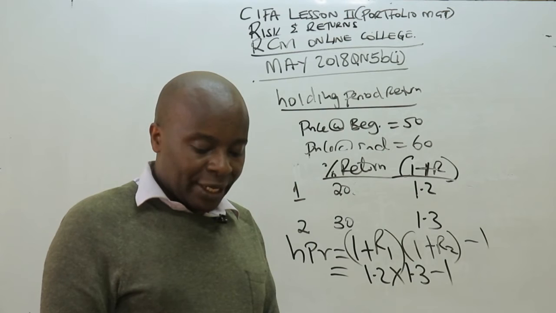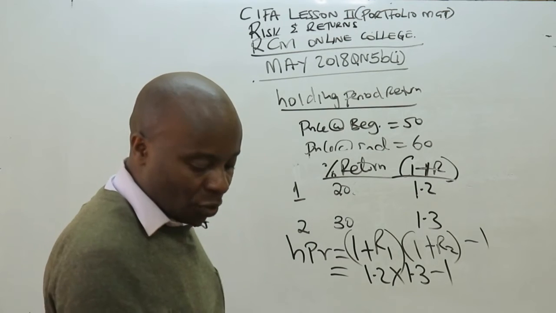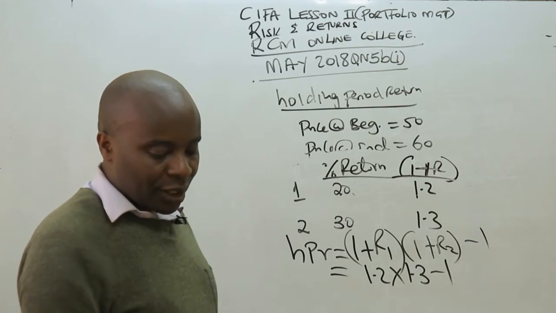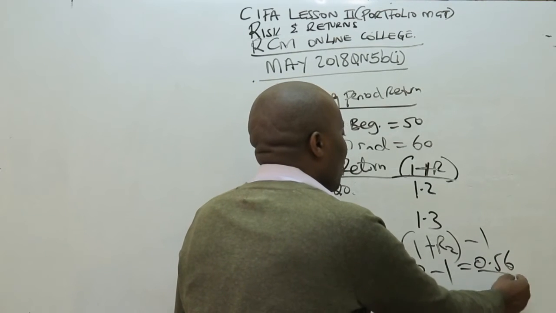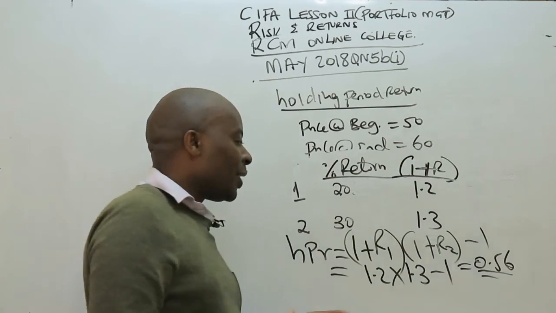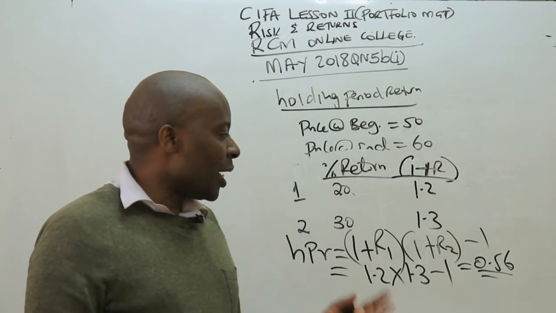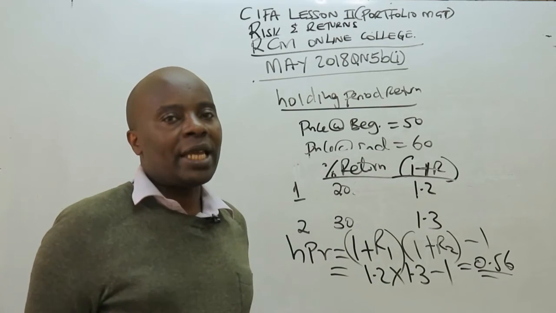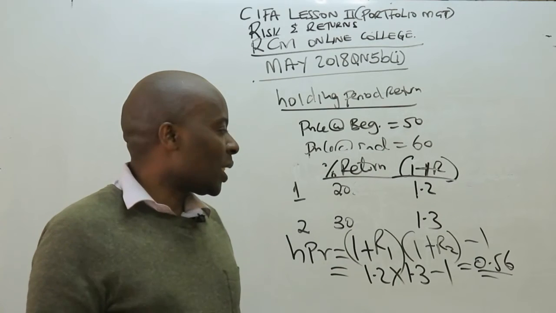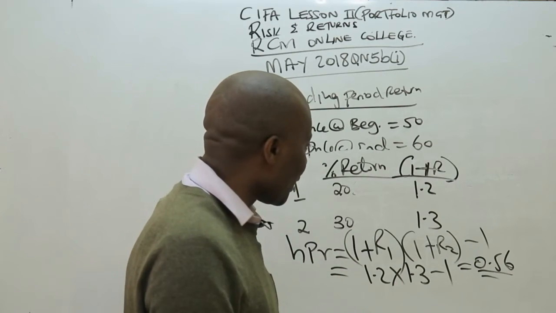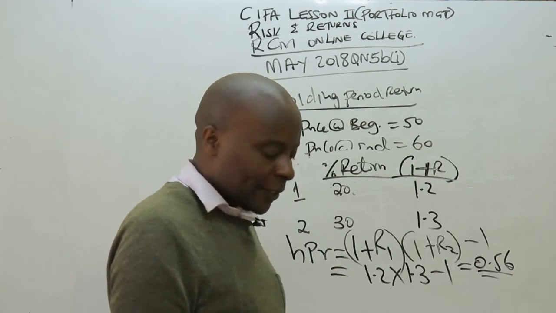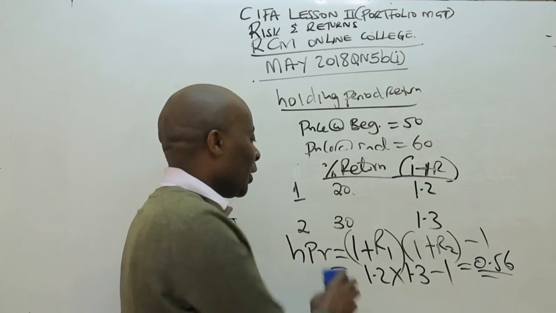Whatever I get, minus 1, which gives me 0.56 for the 2 years. Our average growth will be about 56%. So it's important that you repeat these again. Yes, it's 56%. Thank you very much.